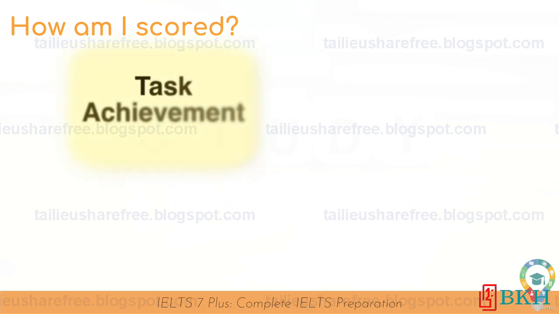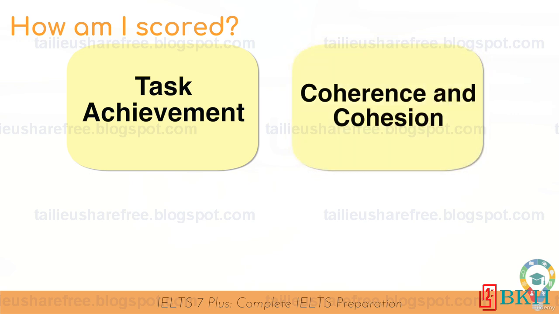So, as with Task 1, the band descriptors have 4 sections, the first one being Task Achievement. Task Achievement basically means how well you answer the question. For example, if your essay doesn't answer the question given, you'd score very lowly in Task Achievement. Coherence and cohesion means how well you organise your essay, for example using paragraphs.